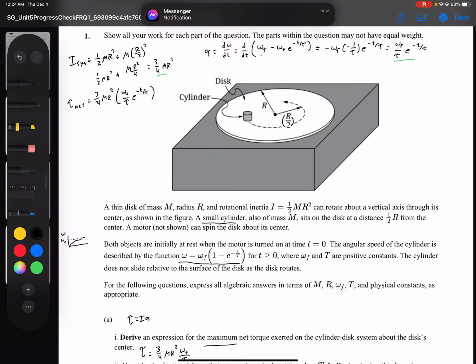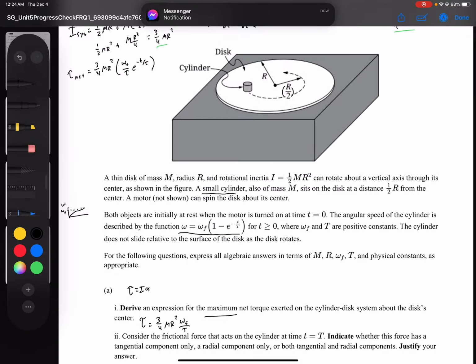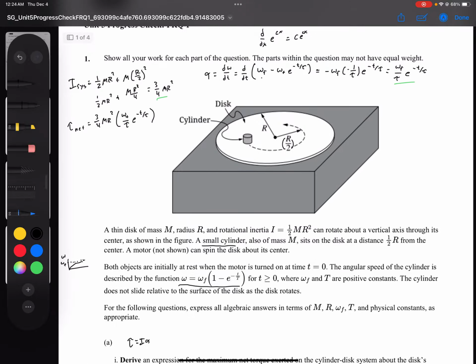So for this one, it's a little tricky. Anyways, there are two things happening. Obviously this system has an angular acceleration, and because it has an angular acceleration, there has to be a tangential acceleration. I'm actually just going to draw it on the diagram and explain it at the same time.